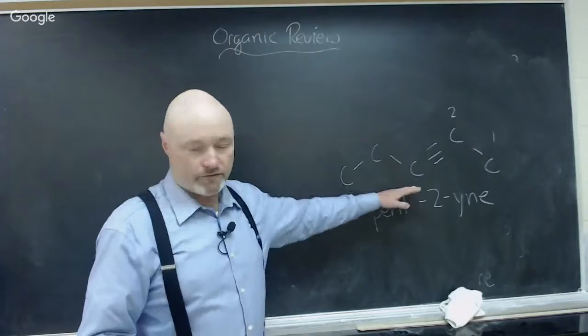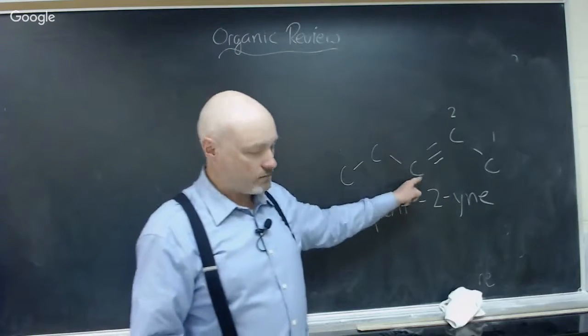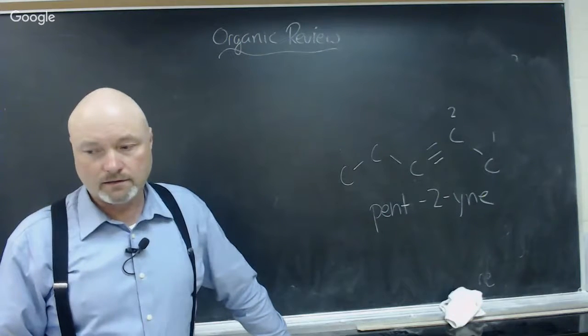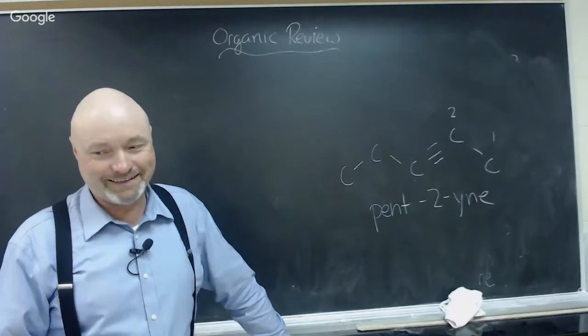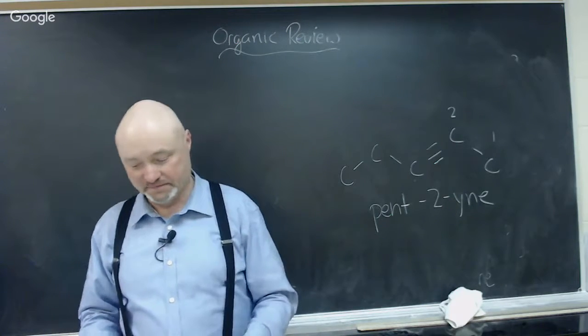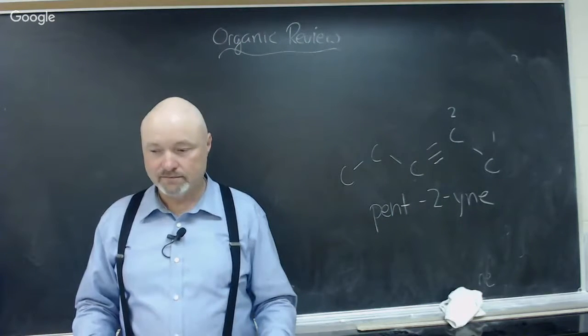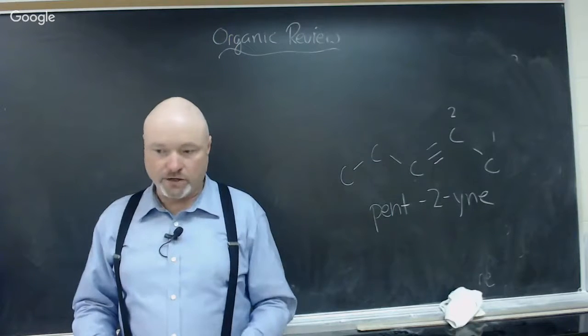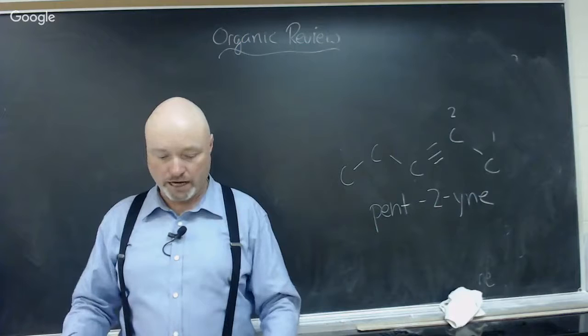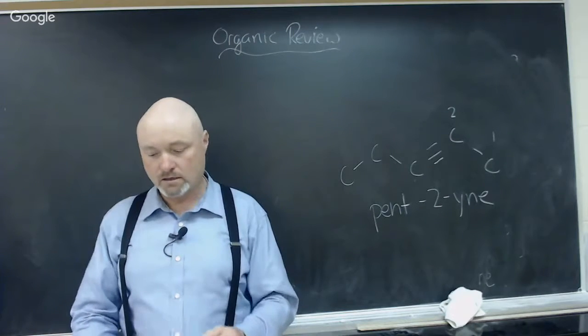So if we started from this end, we would have written pent-3-yne. That would have been a big mistake. Yeah. All right. So it's always the lowest number, right? That's right. You want to get the lowest overall total number in the name of your organic molecule. Okay.